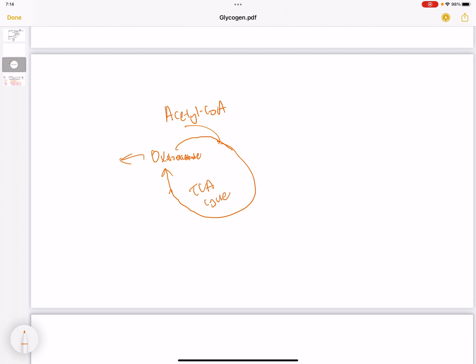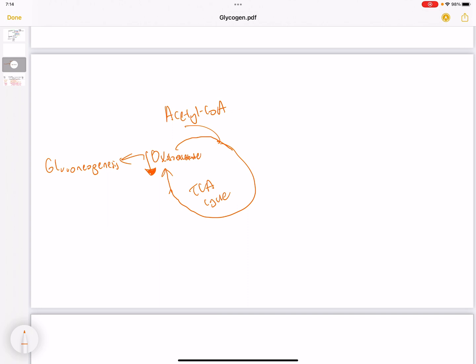Now, oxaloacetate is needed for gluconeogenesis. If we have an increase in gluconeogenesis, then that means that we are using more oxaloacetate. So we will have a decrease in oxaloacetate levels.